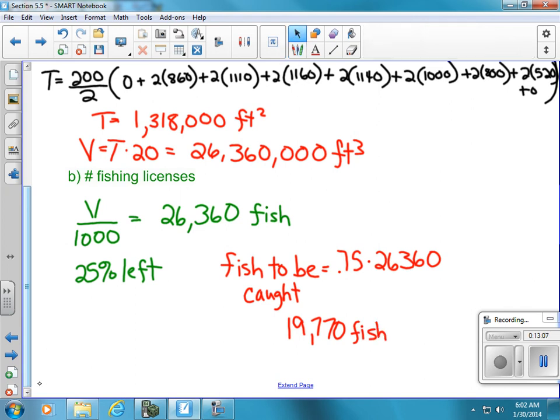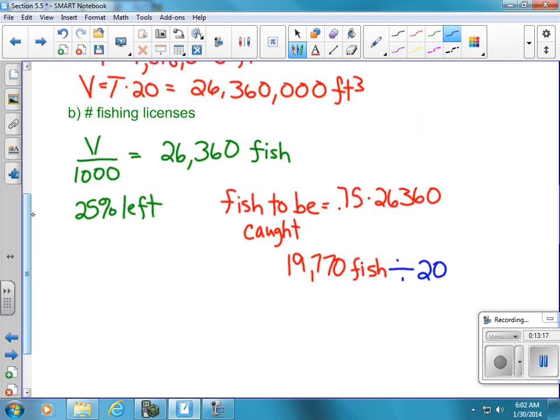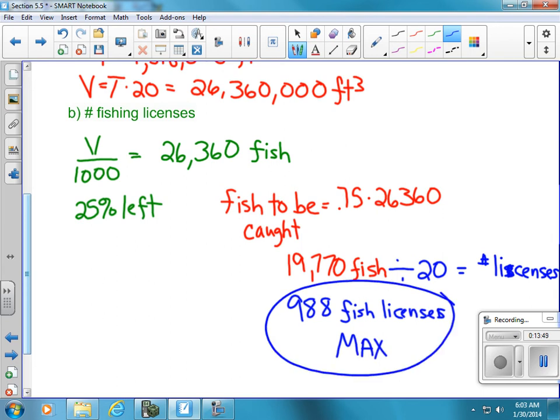All right, so if we let 20 fish per fishing license, we're going to divide this by 20 fish per license, and this is going to tell us the number of licenses we can sell. I don't know if I spelled that right. Licenses. That's a hard word to spell. Anyway, this says that you can sell 988 fishing licenses max. That's your maximum number. Okay, and that is that problem.